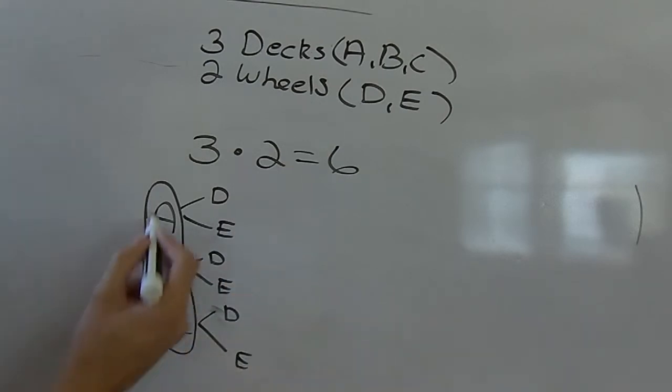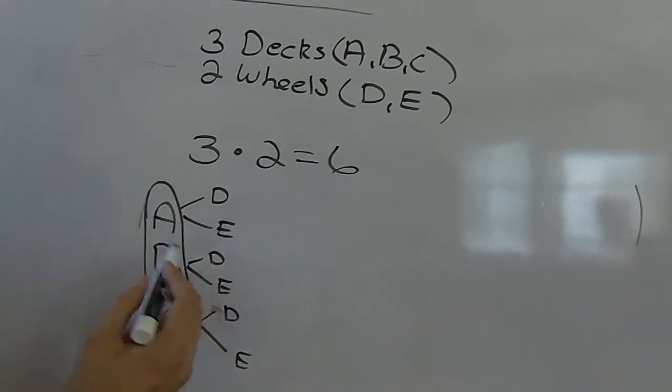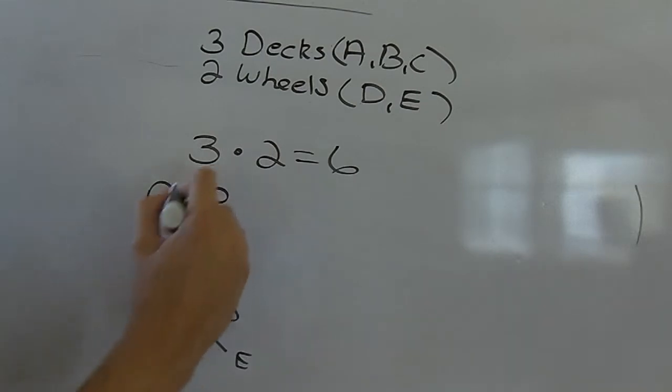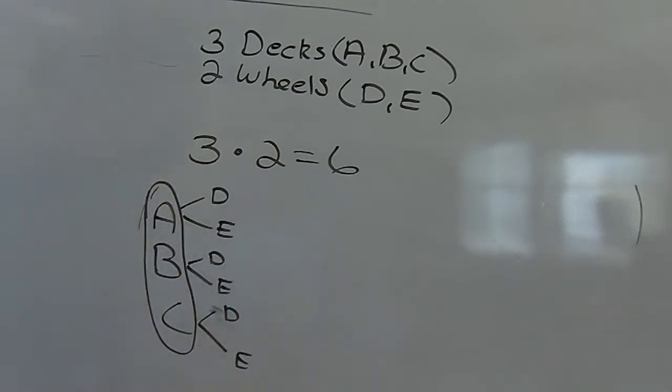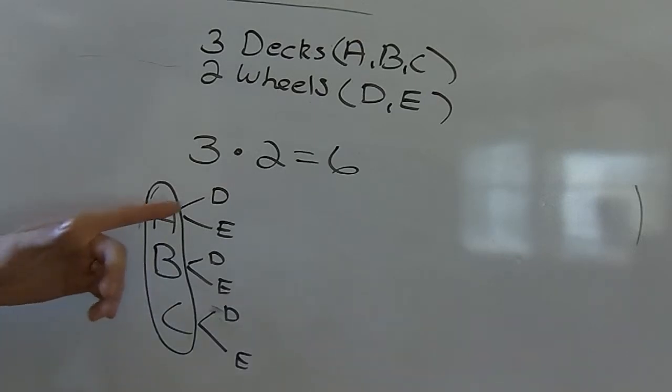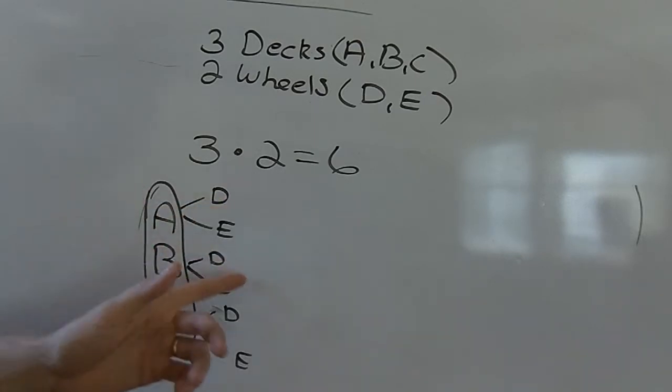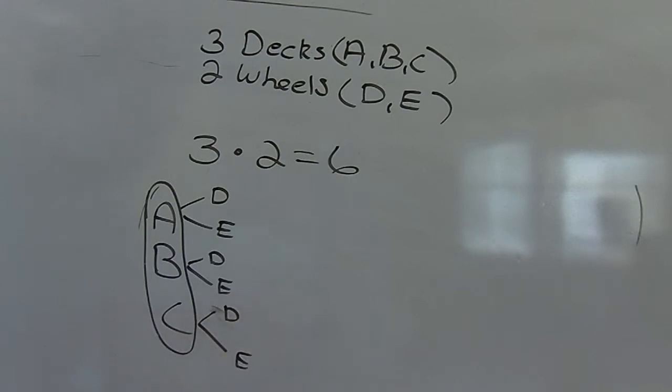So what we're doing is we're taking the 3 starting options and multiplying that by the 2 possible outcomes for each option. We're multiplying the total number of starting options by the total number of outcomes for each individual starting option. So choice A has 2 options, choice B has 2 options, choice C has 2 options.